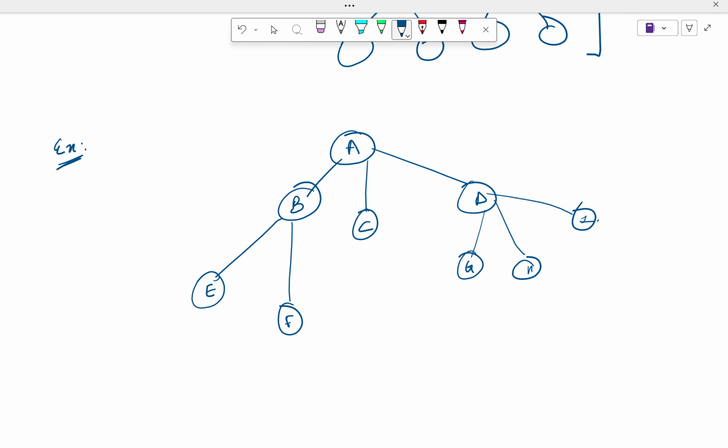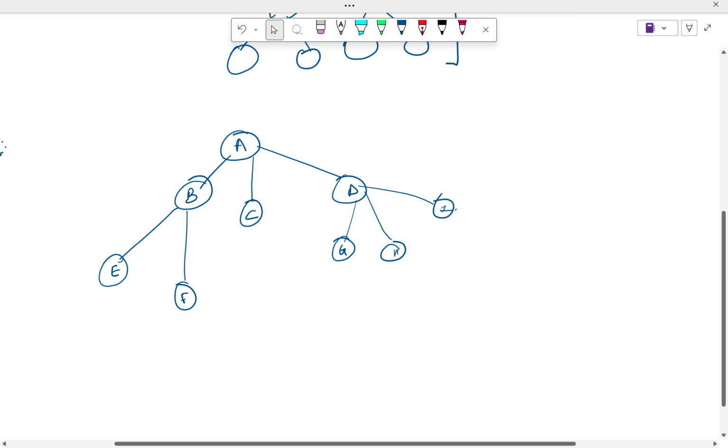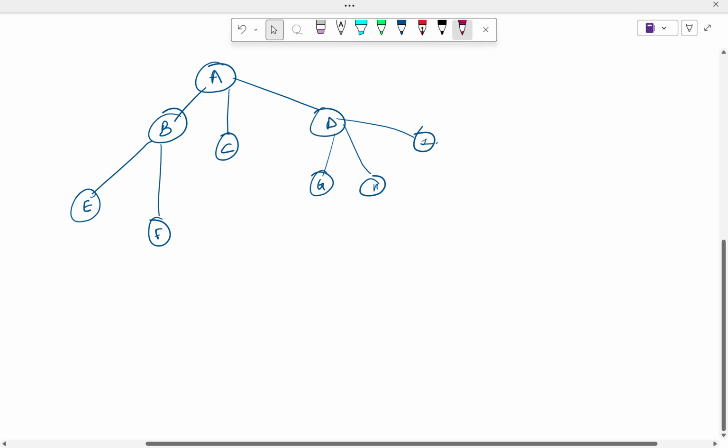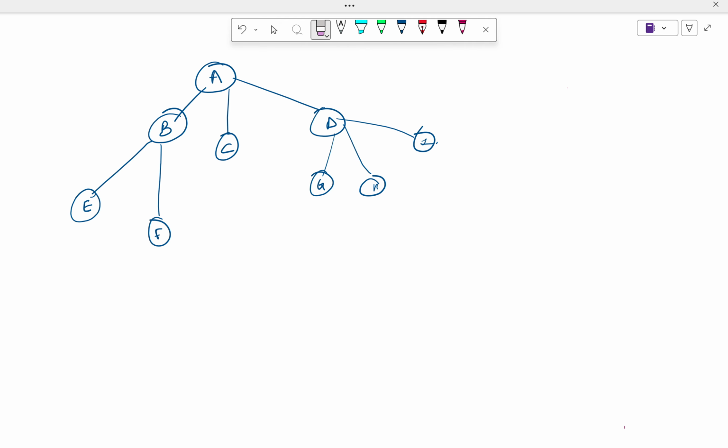Okay, so this is the tree I've taken, and I'm going to explain all of the technical terms to you in terms of this particular example tree, right? So now let's come to the terminologies of tree. So the first thing that we're going to learn here is the root.